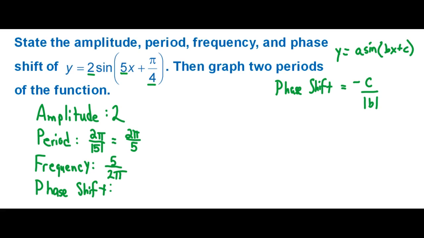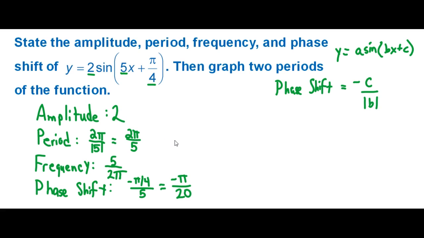I wanted to write the general case. So notice, still that same idea that if you have a positive c, you're going to get shifted to the left. So our phase shift in this case is going to be negative pi over 4 over 5. So then if we were to divide that out, we would get negative pi over 20.